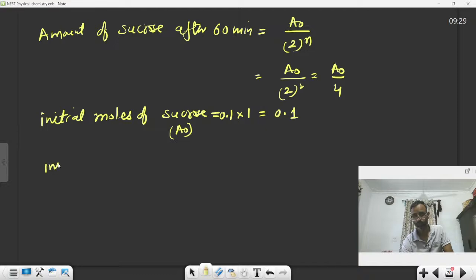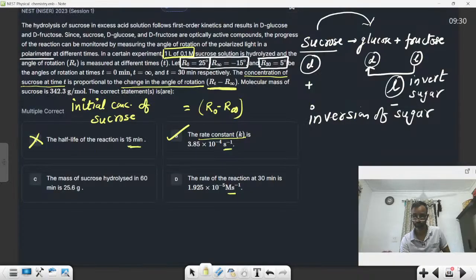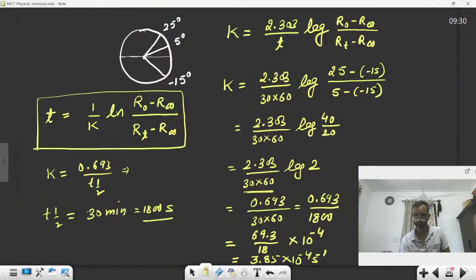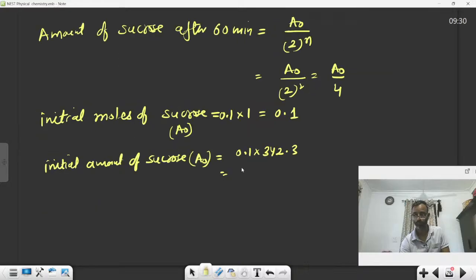The molar mass of sucrose is 342.3, so it becomes 34.23 gram. That is the initial amount.